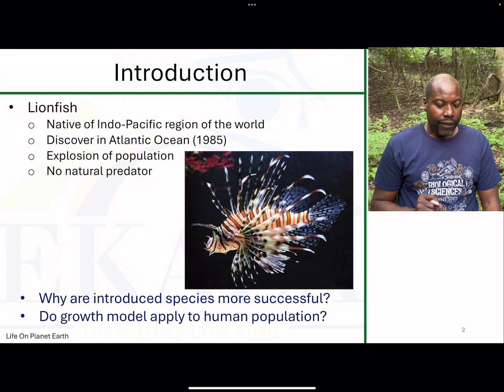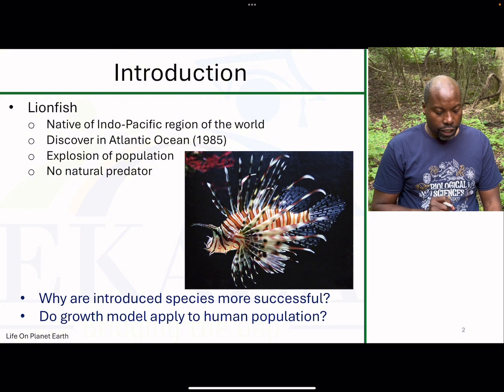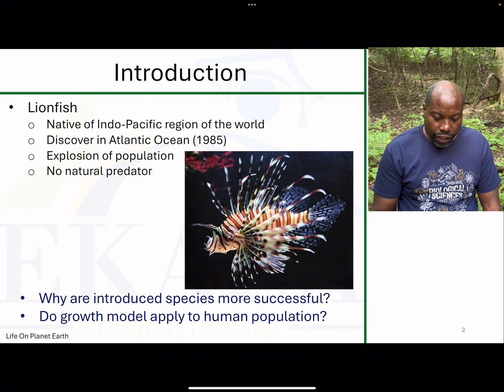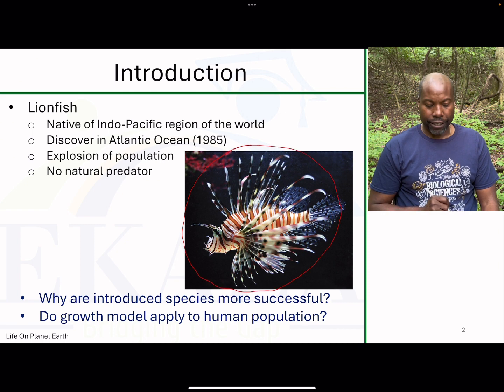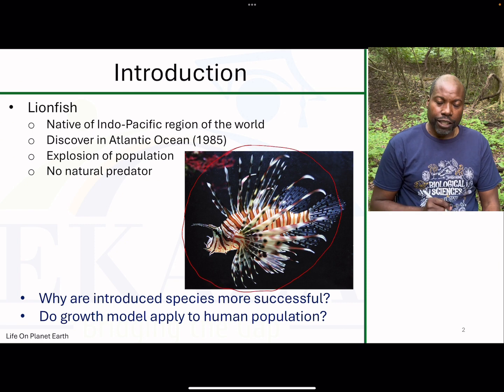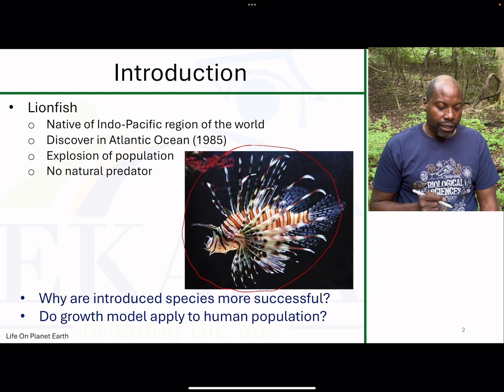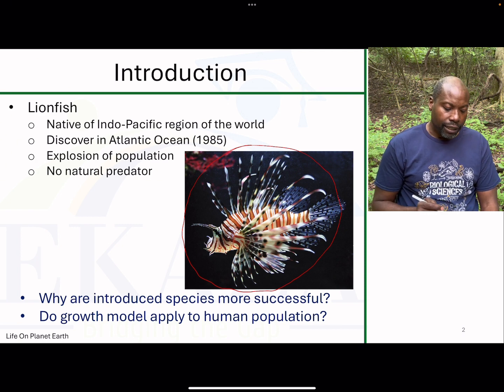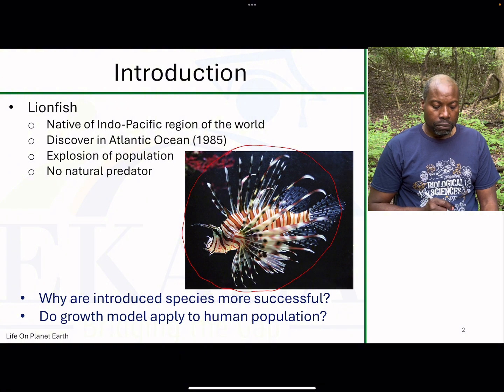Now, as a word of introduction, the picture that you see here is that of a lionfish. A lionfish is typically native to the Indian Ocean and the Pacific Ocean, right?